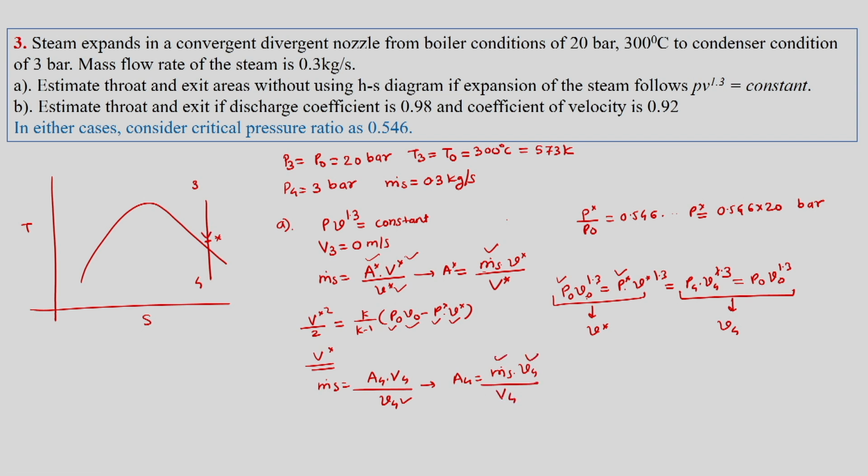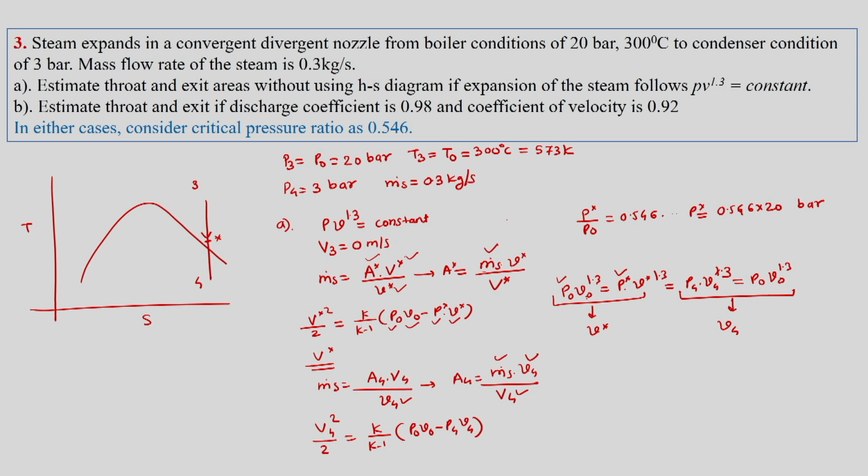These two things are known, so we have to find V4. The same procedure applies: V4 square by 2 is equal to K upon K minus 1 into (P naught V naught minus P4 v4), where v is specific volume. Knowing these, we find the velocity at the exit, and then put it in to find the area.